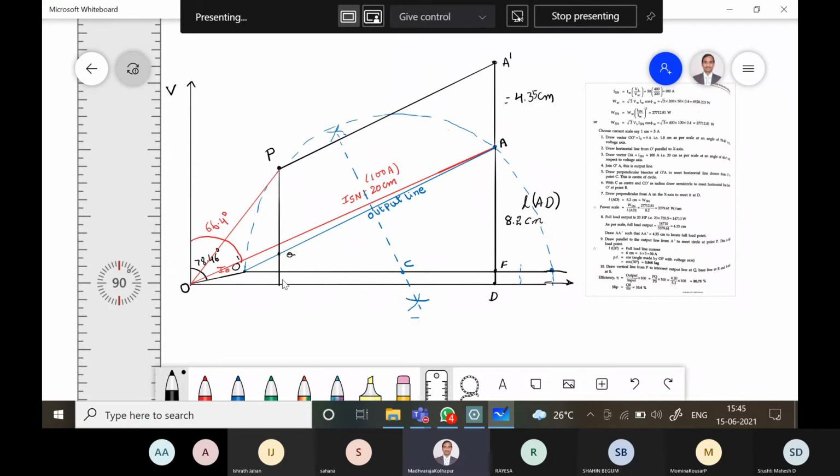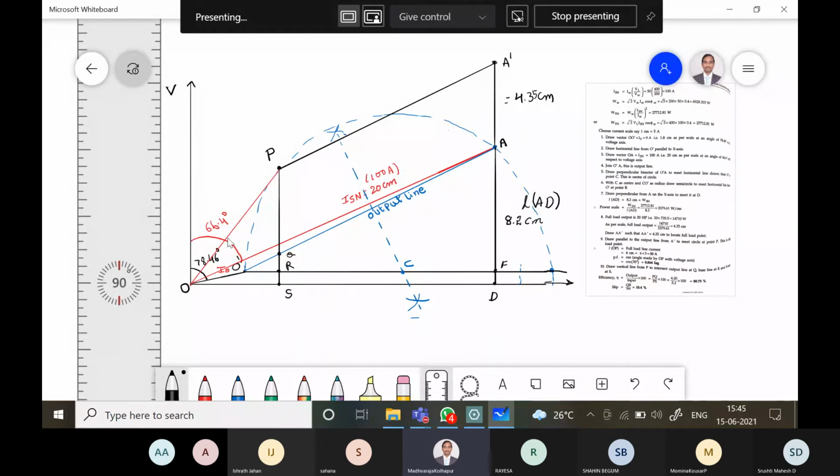It also touches the O dash F line, which is called R point. And it also touches the horizontal line, which is called S point. So in total, P, Q, R, S.